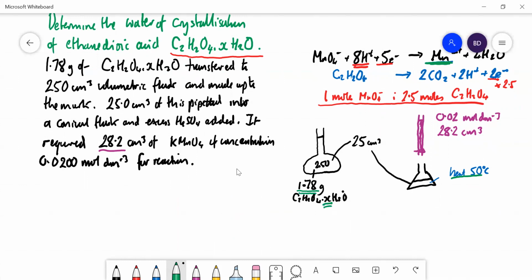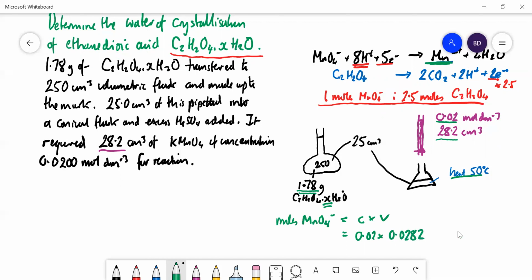But what we can do is work out our moles of manganate because we know the concentration and we know the volume. So moles of MnO4 minus is equal to conc times volume. So that is 0.02 multiplied by 28.2 over 1,000, so that's going to be decimeters cubed, 0.0282.